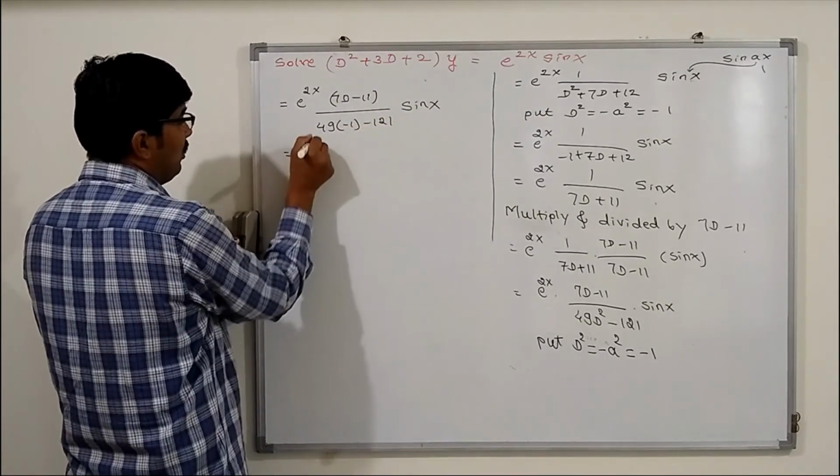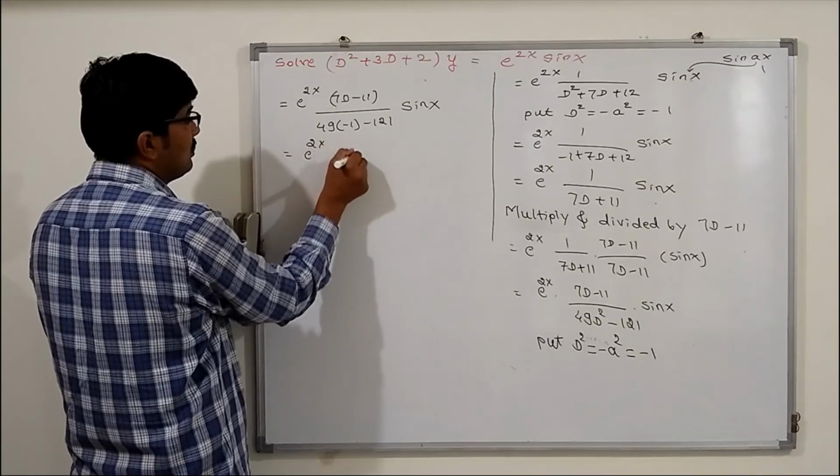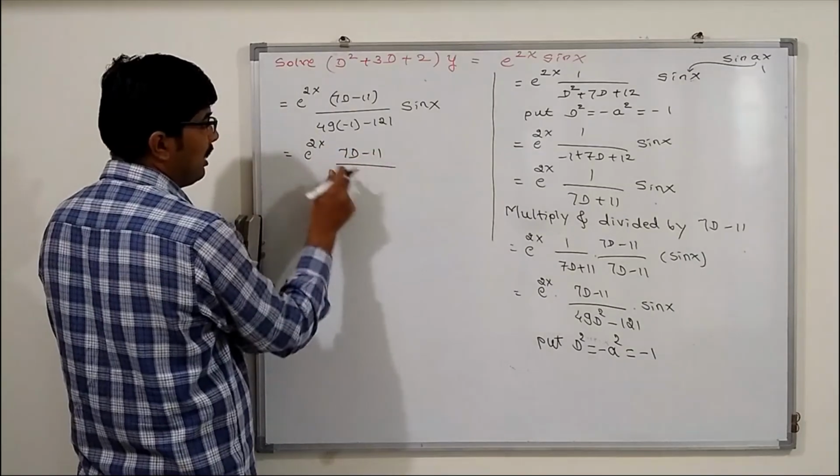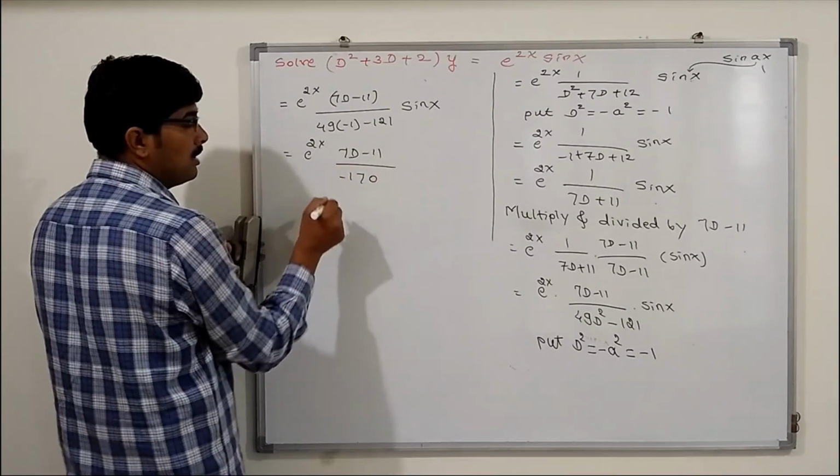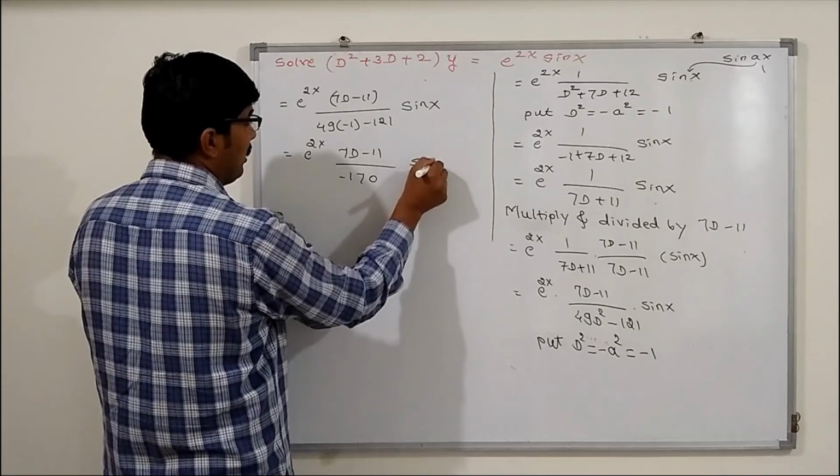This is equal to e raised to 2x, 7D minus 11 divided by minus 49 minus 121, which is minus 170, of sin x.